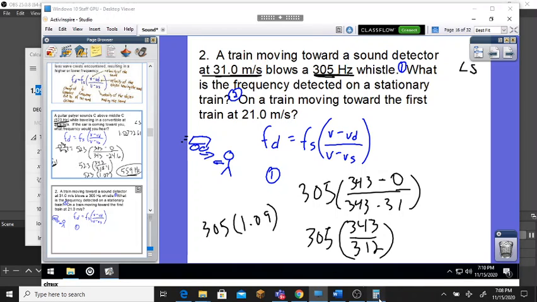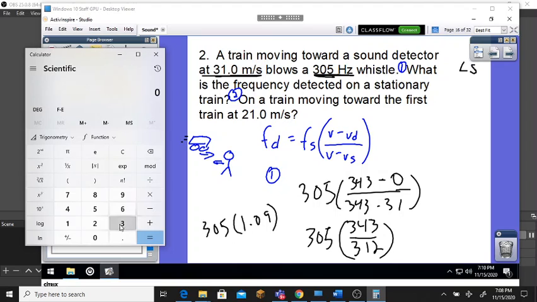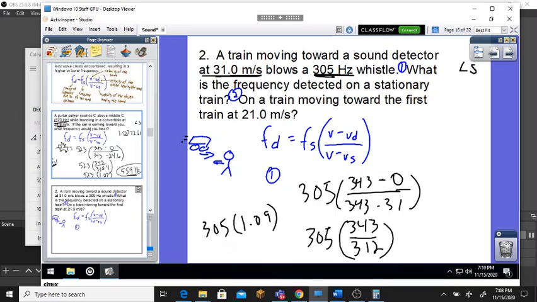Then I'm going to multiply 305 times 1.09, and that gives me my new frequency. Okay, that's the first part.